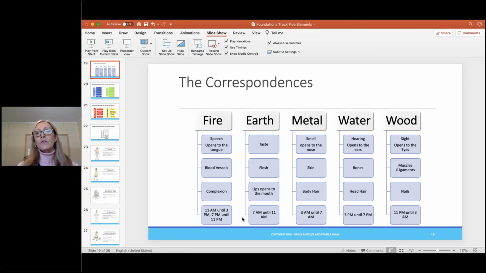So I'll use these as checkpoints, going back and corroborating where I think their constitutional type is and where the pattern is developing. And I'll use these correspondences to corroborate where I think the treatment strategy should go.